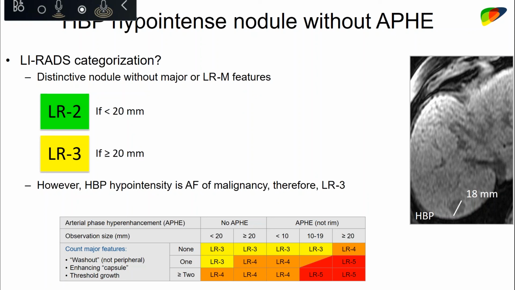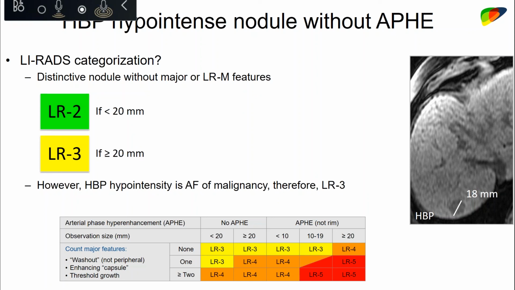Right. So I think I understand what you're saying. It could very well be that if you use an extracellular agent, the nodule seen on this image would not be apparent. It might just look like normal liver parenchyma on the dynamic post-contrast sequences using an extracellular agent. So that is very true. This patient might be thrown back into screening.